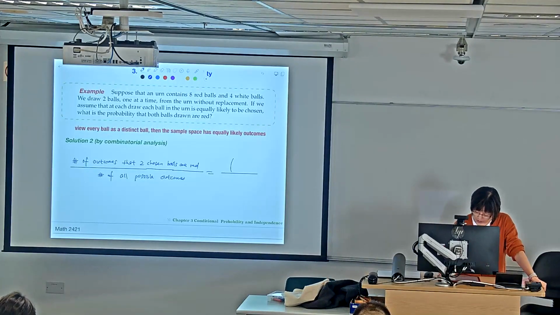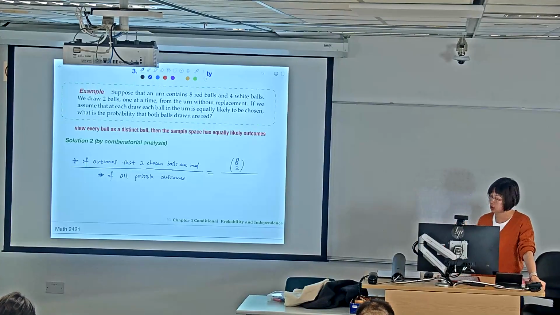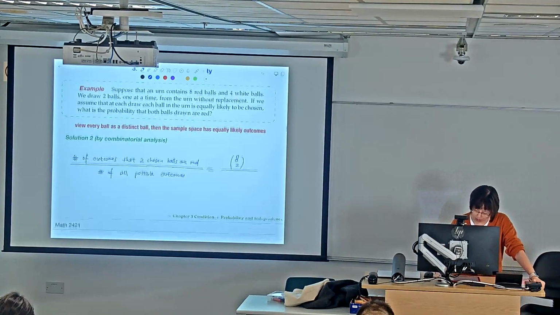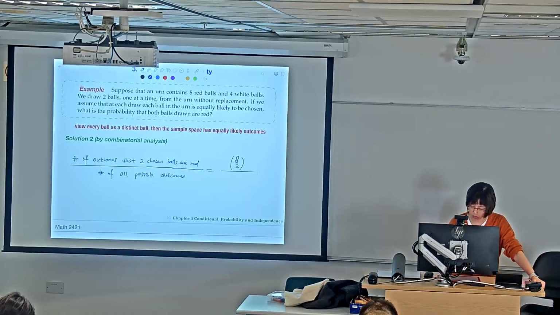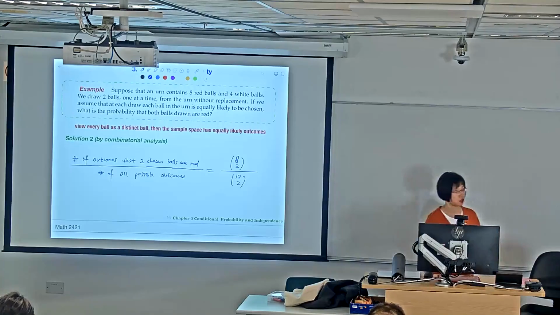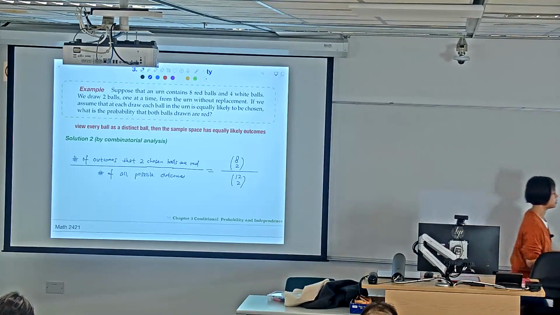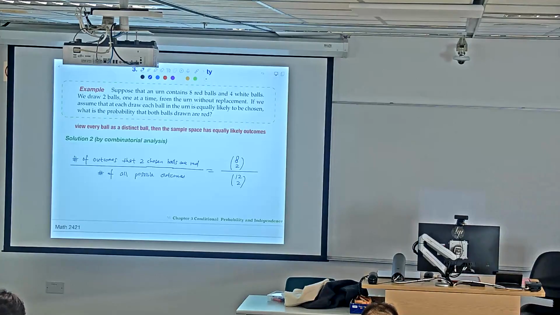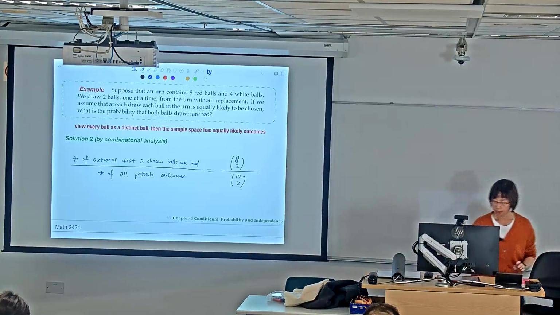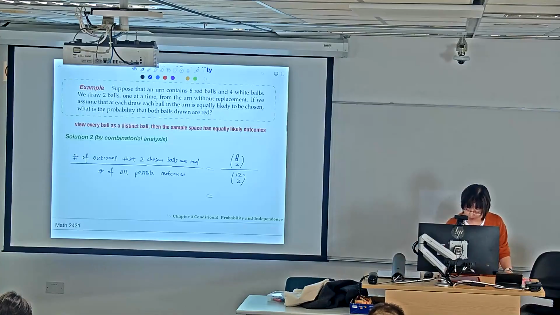If we don't count in order, this is the binomial coefficient 8 choose 2. And similarly in the denominator, choose 2 balls out of the 12 balls. We don't care about the order, so it's 12 choose 2. And of course, if you count in order, the numerator becomes 8 times 7, and the denominator becomes 12 times 11. So essentially it's the same. Okay, same answer.